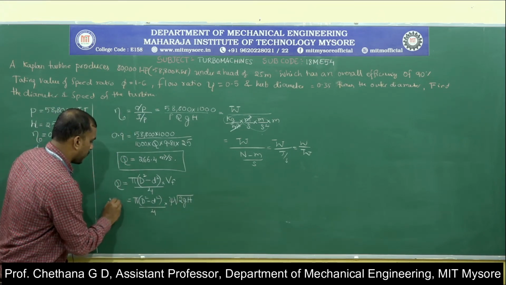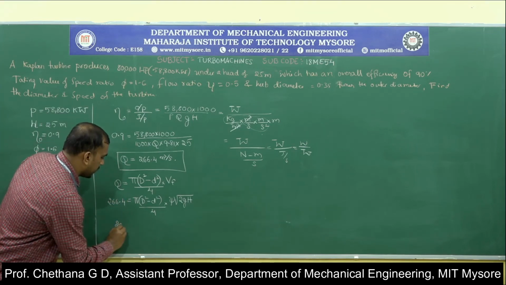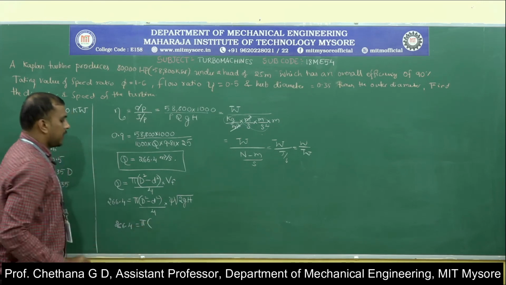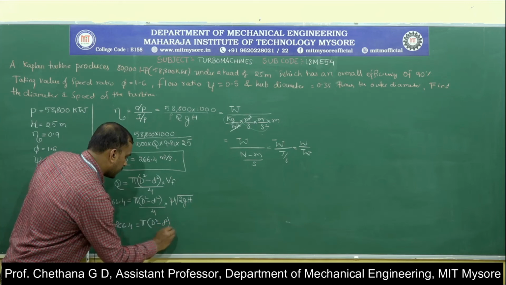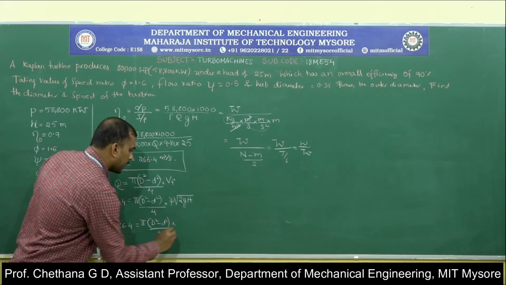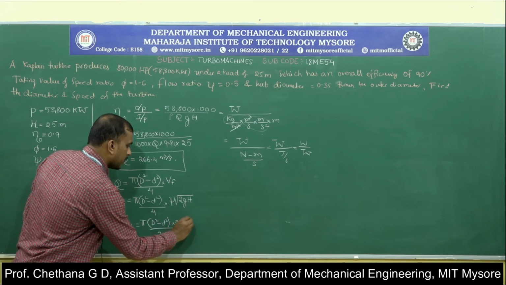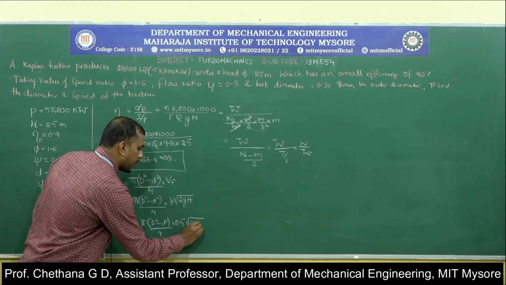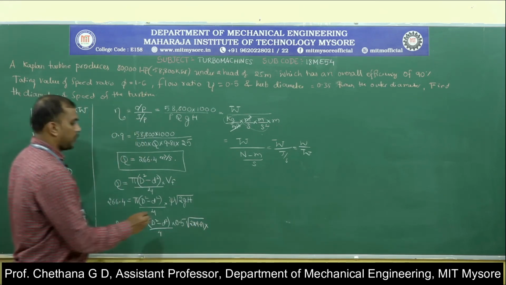Now look at what we can find out. Discharge is known to us. This D square is not known, of course, into the value of psi, which is 0.5, then square root of 2 into 9.81 into the head available here, which is 25.